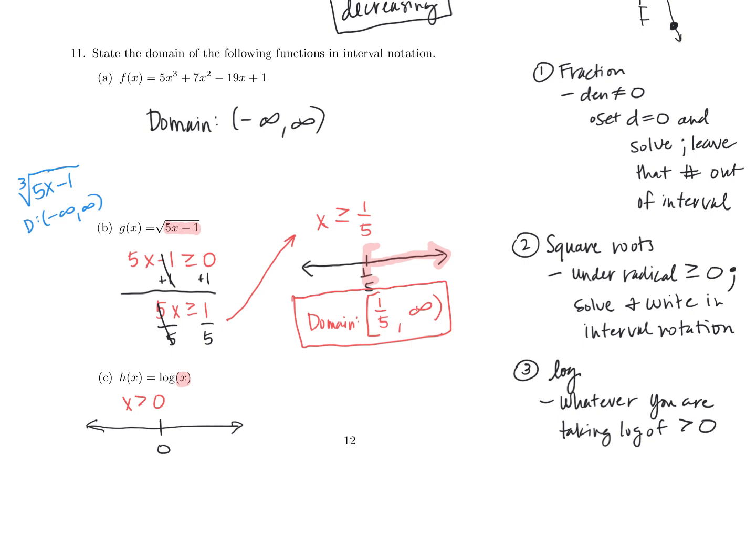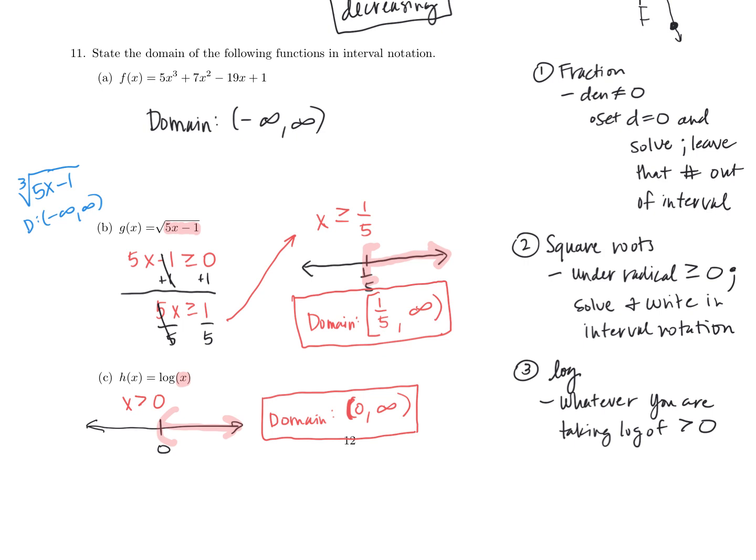Since it's a greater than, that's everything to the right. This one gets a parentheses at 0 because there is no or equal to. So here, your domain, left to right, it starts at 0 with a parentheses, and it ends at infinity, so it doesn't really end, it goes to the right forever, right, with the parentheses. Remember, infinity and negative infinity always get parentheses. So that is what you're looking for.